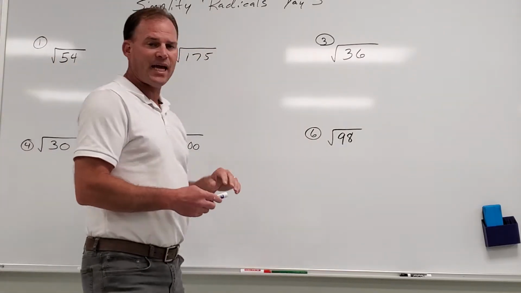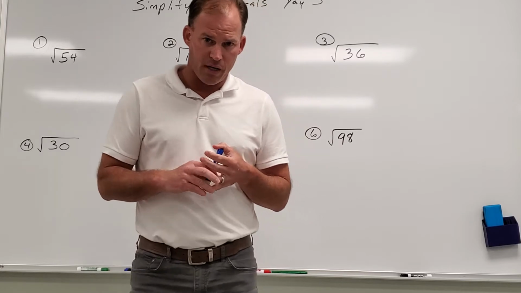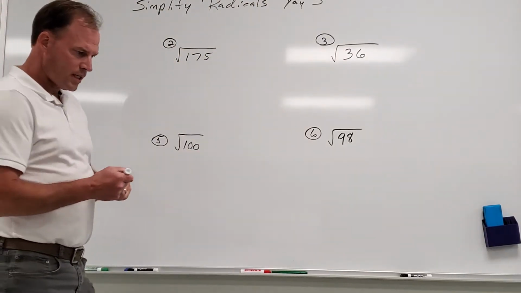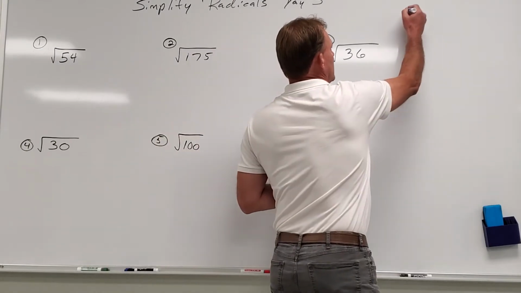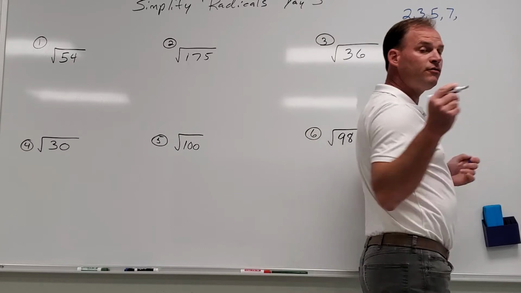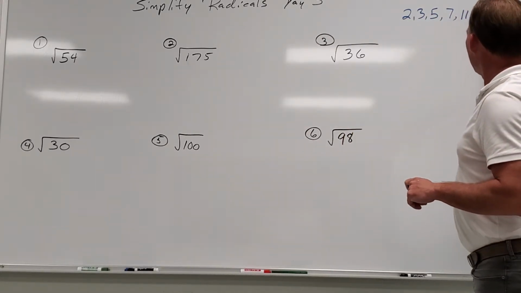So we're going to talk about day 3 of radicals and simplifying those radicals. So again, we have our list of prime numbers. You should be getting pretty familiar with this list by now. We've done them a lot.